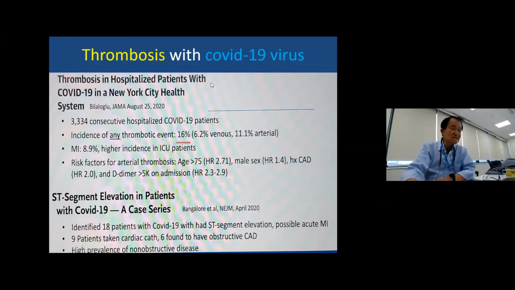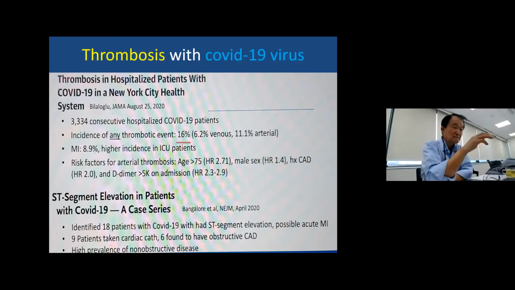And so this is COVID-19 thrombosis. Certainly the virus directly damages platelets if the virus can penetrate the bronchial wall. When you breathe, the virus stays in the bronchial system.